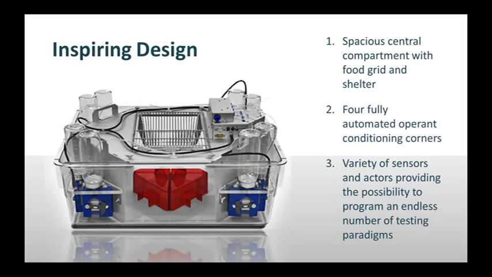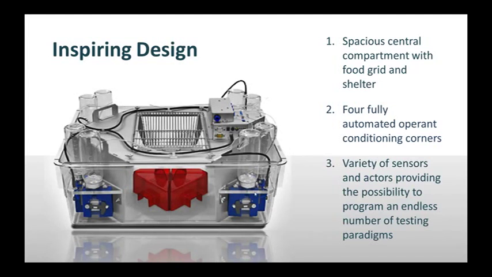The IntelliCage can be seen as a behavioral micro-laboratory allowing automated individual assessment of spontaneous and cognitive behavior. Central is basically a standard Type 2000 cage containing a food grid and shelters for increased animal welfare.